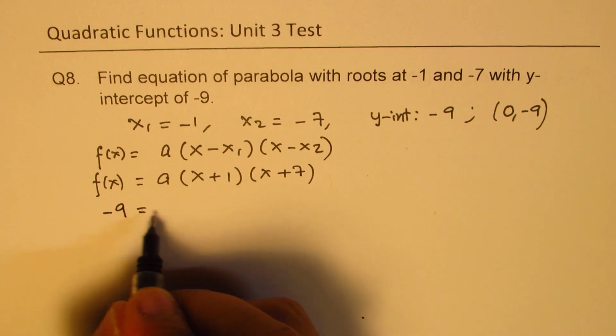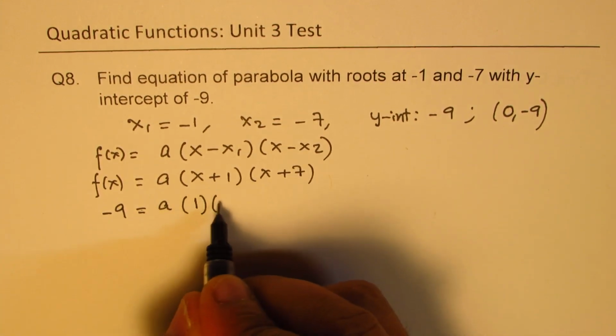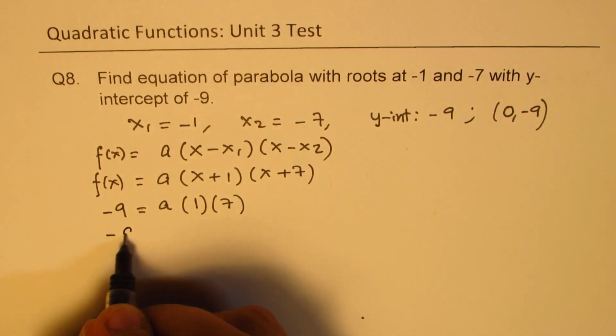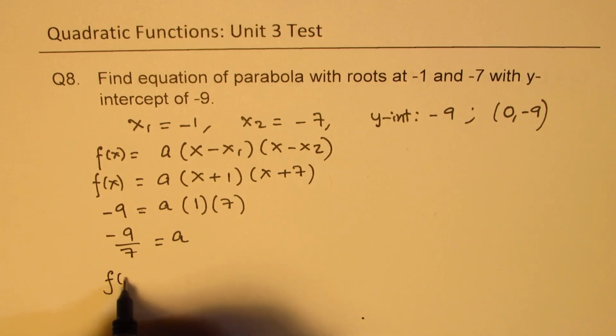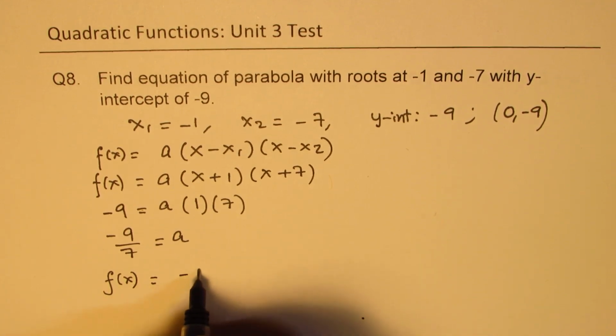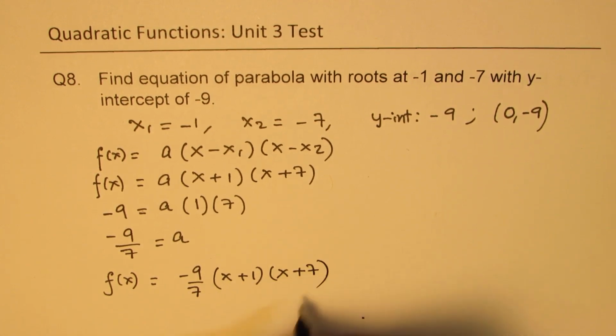So we have minus 9 equals a times 1, substituting 0 here, right? So we get minus 9 over 7 as the value of a, and therefore the function for us is minus 9 over 7 times x plus 1 times x plus 7.